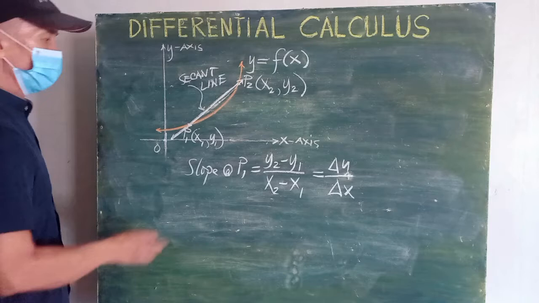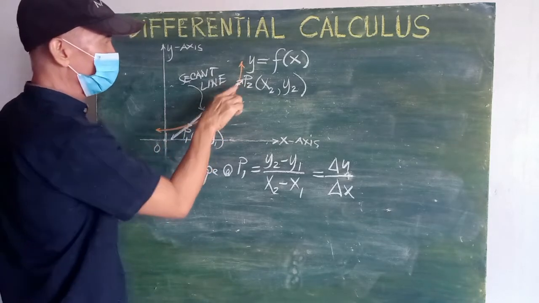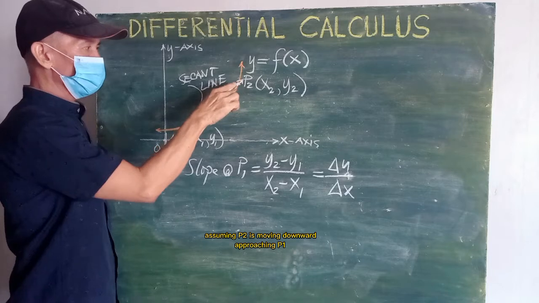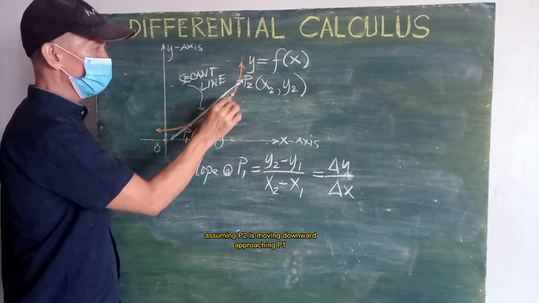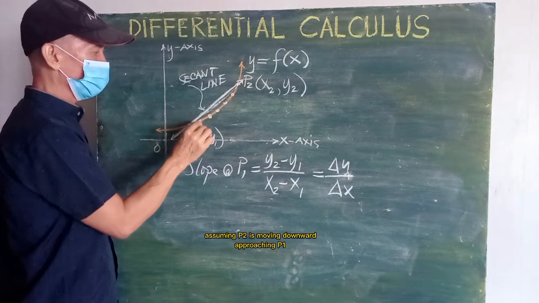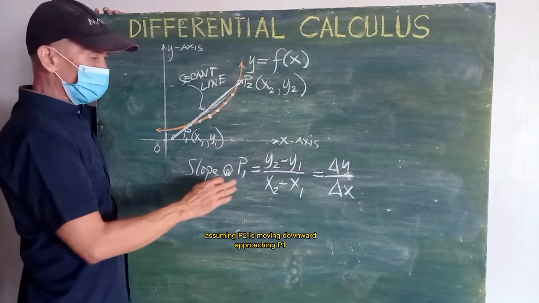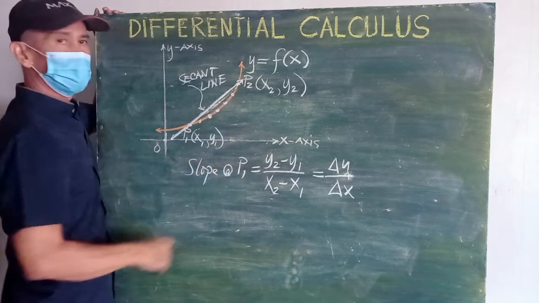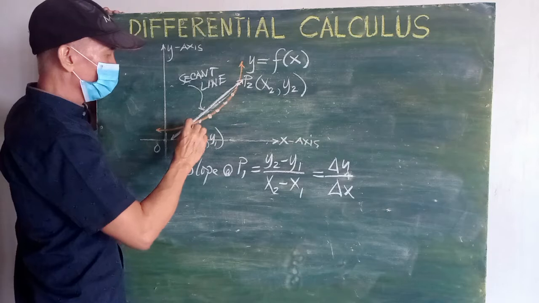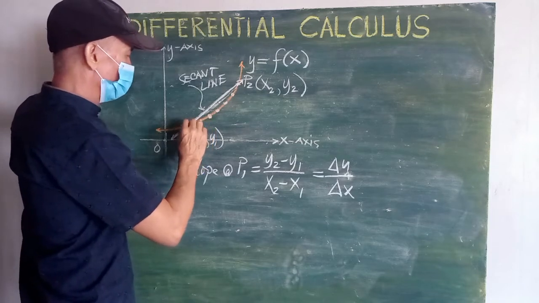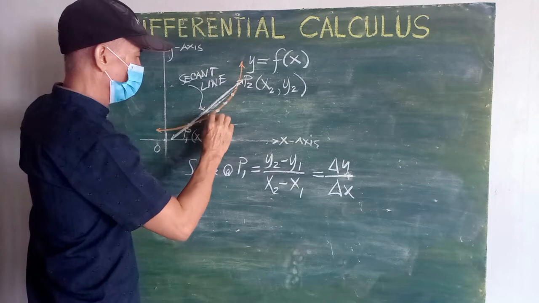Okay. Now, if a point here is moving downward, let's say that point is moving downward, approaching P sub 1, the slope of the curve will be decreasing. Okay, let's say at this point we draw a line.